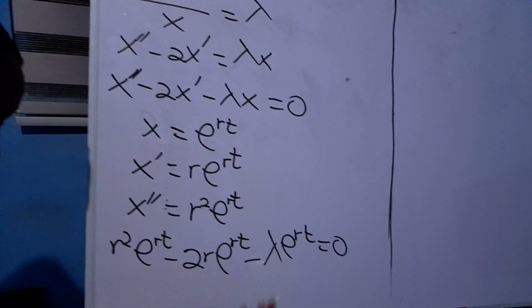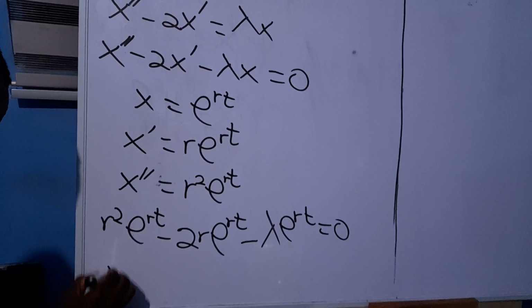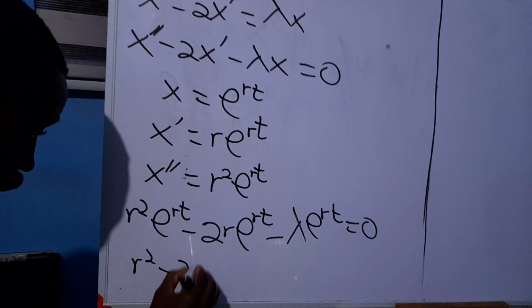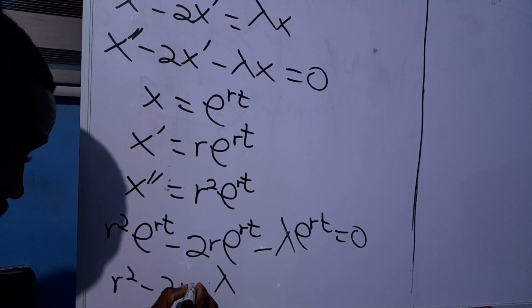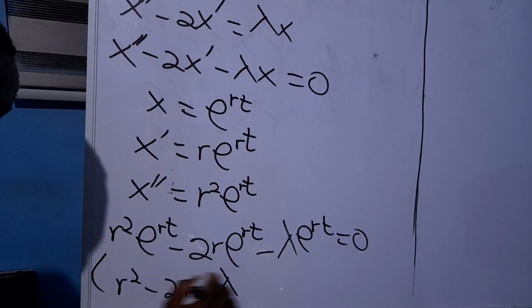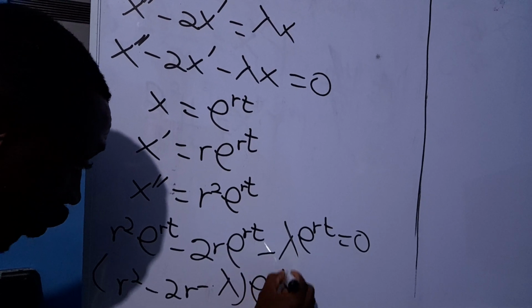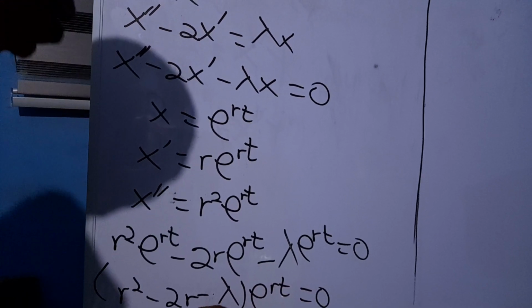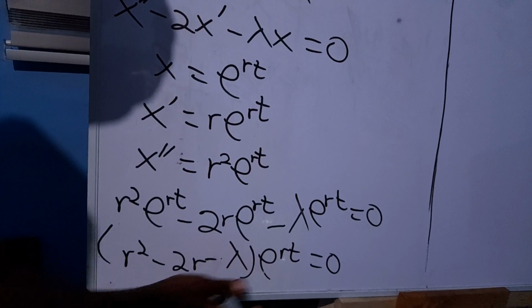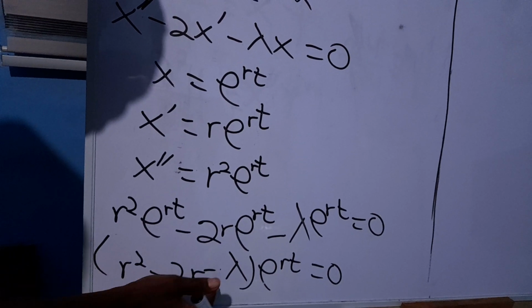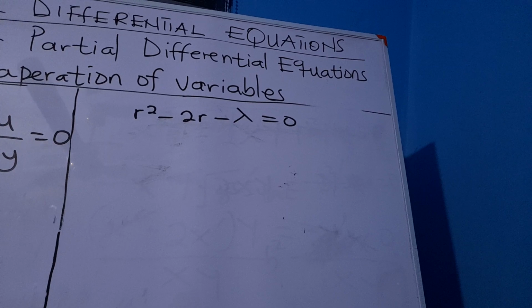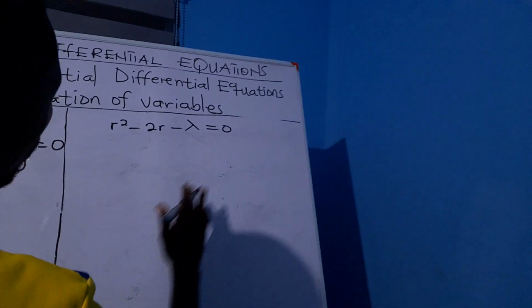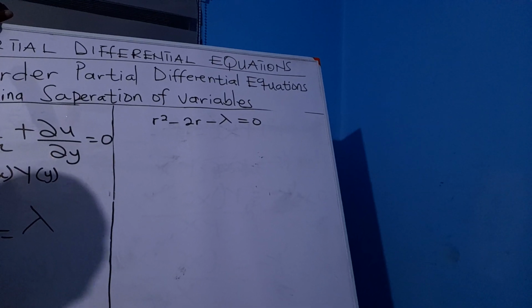So we can factor out e exponent r of t, and we get r squared minus 2r minus lambda, times e exponent r of t, equal to 0. When we divide both sides by e exponent r of t, our r squared minus 2r minus lambda will be equal to 0. So now we solve this quadratic equation to know the nature of the roots.